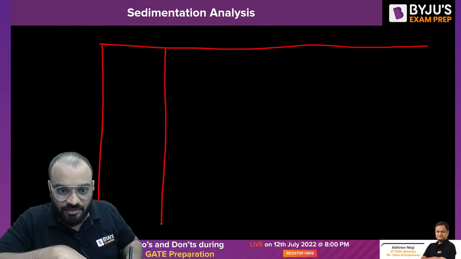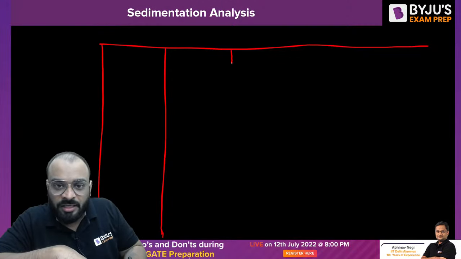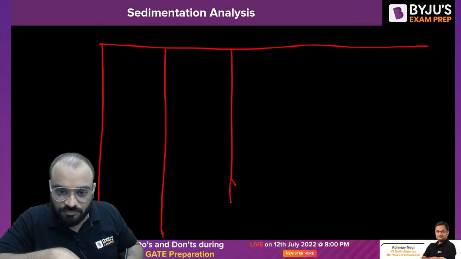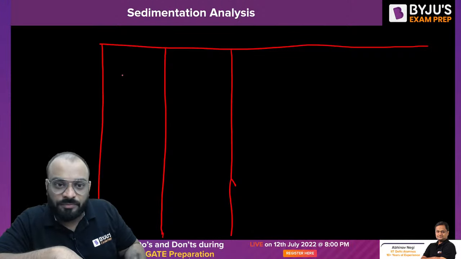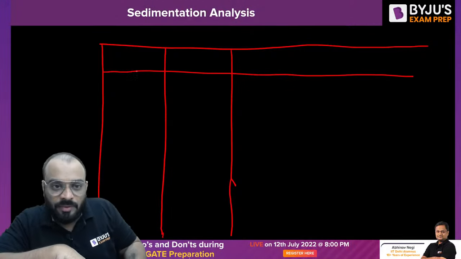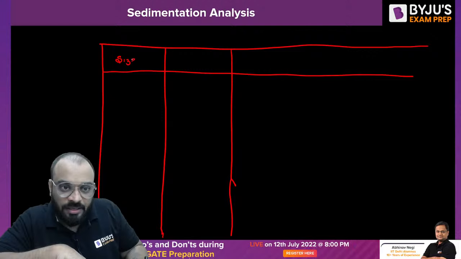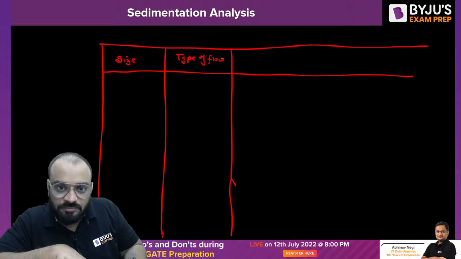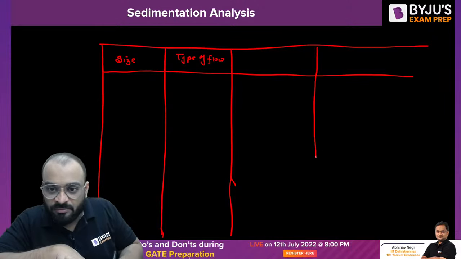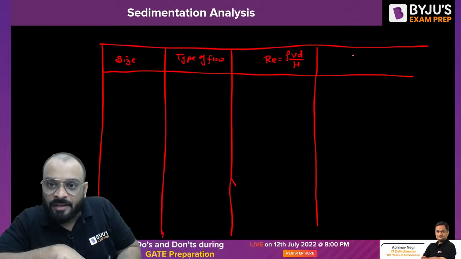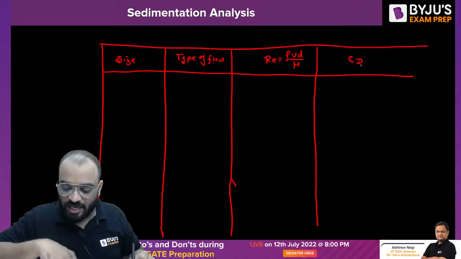First, I wish to write the size of particle, then type of flow, Reynolds number, which is Re, and I think all of you know that, rho Vd by mu, clear, and then CD value, which is the drag coefficient.